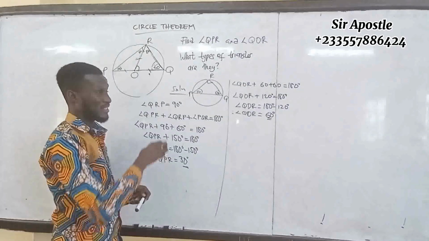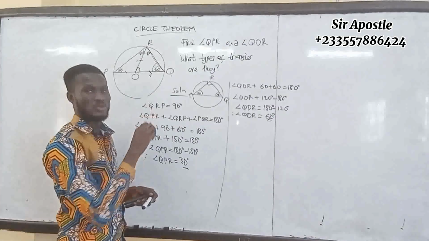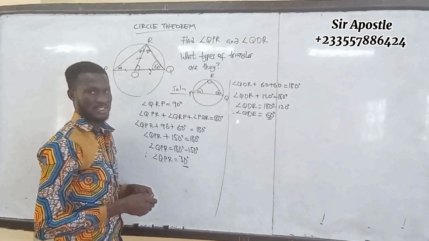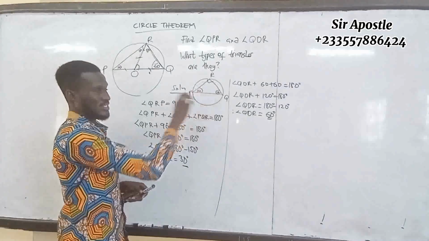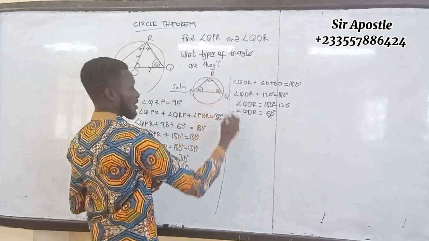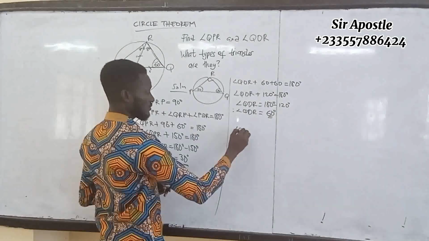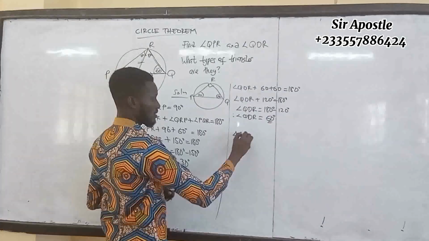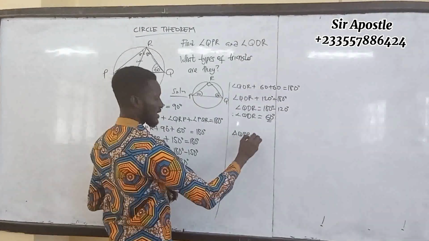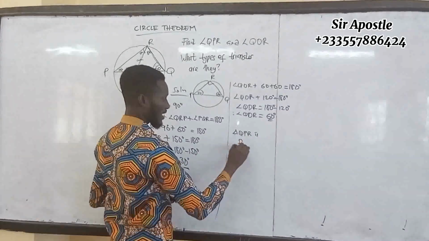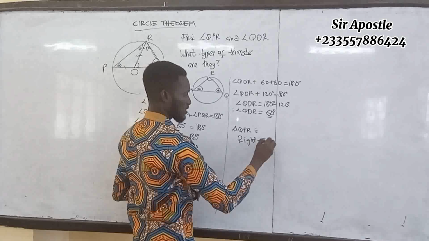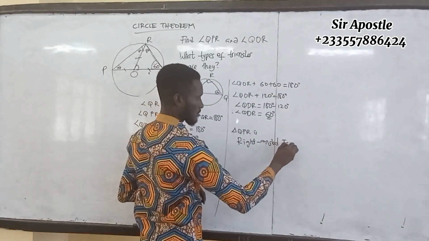But we can talk about a particular triangle. The particular triangle will be a right angle triangle because we have 90 degrees. So our triangle QPR is a right angled triangle.